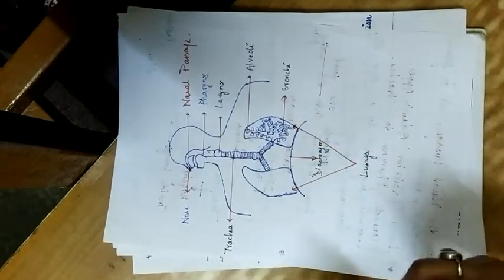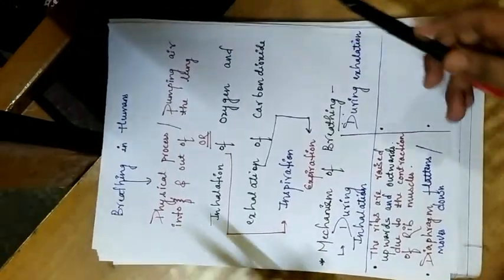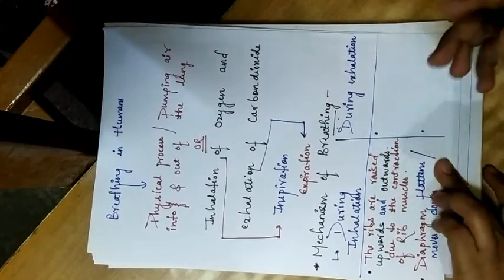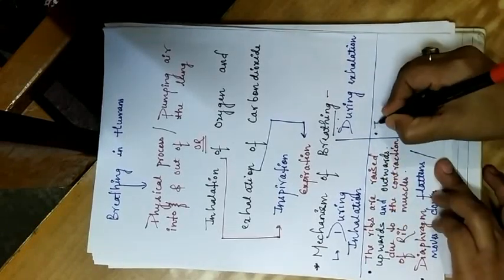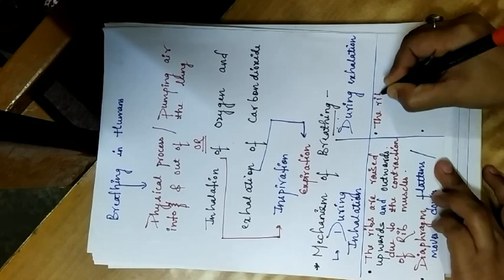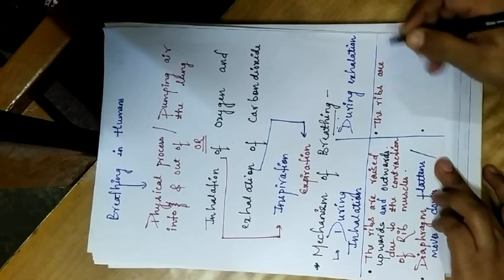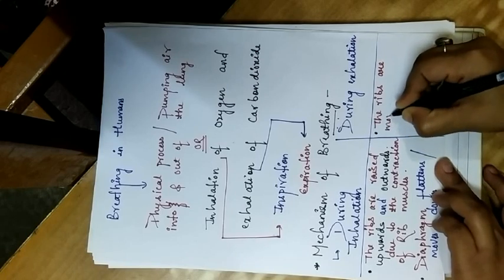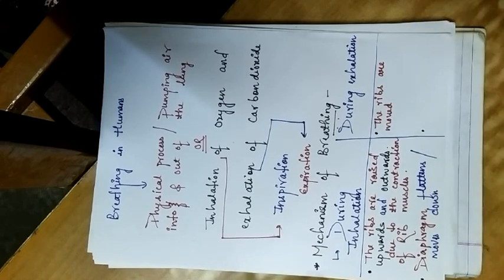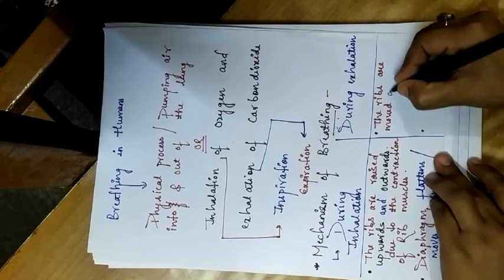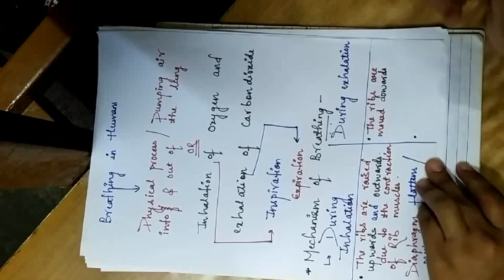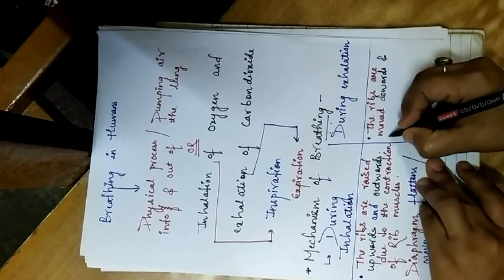Let us make the comparison so that it is easier to understand. What happens during exhalation? Just the opposite of inhalation: the ribs are moved downwards and inwards.